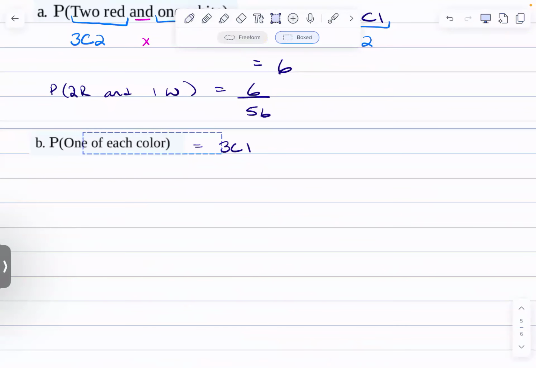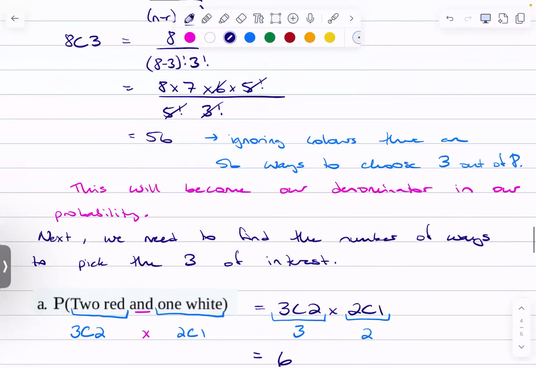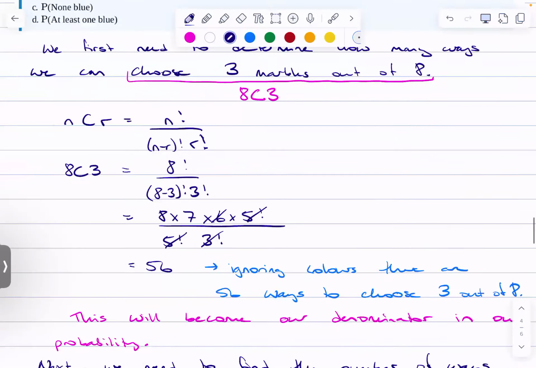Let's bump this down a little bit. Red, white, and blue. And from the white ones, I've already forgotten, 2 white and 3 blue.